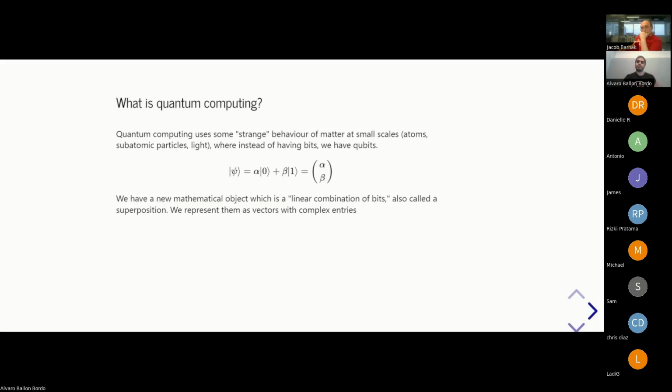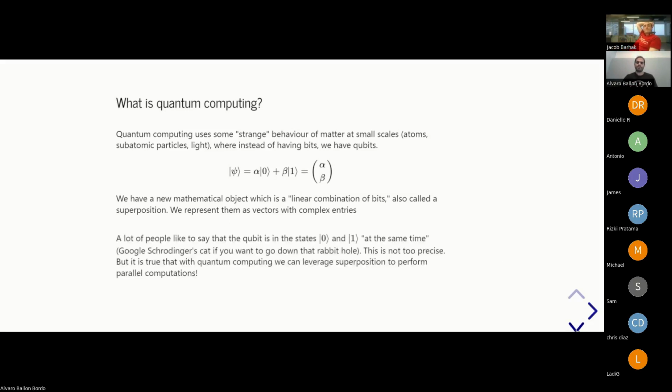So our bits are no longer just zeros or ones, they are actually vectors, and vectors whose entries are complex numbers. That is the big difference, and this allows for so much more. This is not the only difference, as we will see later, but this new object that we calculate is called a qubit, and is basically a linear combination of bits. And we also call this a superposition.